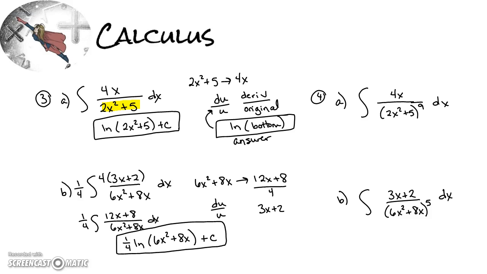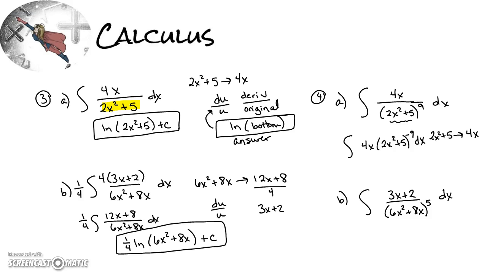Now, I just wrote down these last two. I don't want you to confuse the ones in number 4 with the ln, because yes, the bottom has an inside function, which is 2x squared plus 5, and its derivative is 4x. But the bottom is also to the 9th power. So you can't do an ln for this kind, since the bottom is to the 9th power. What you really have to do is rewrite it like this. Change it to the -9th, which is the same thing.